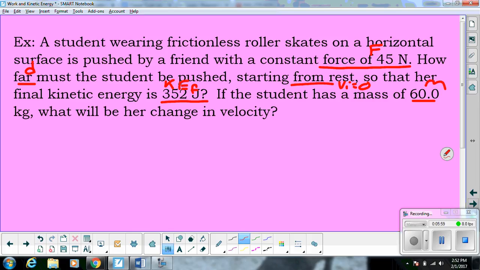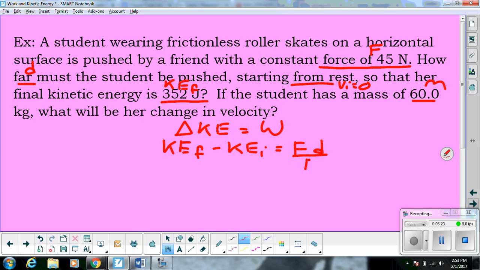The first part is going to ask for how far the student was pushed, and we're going to use the work-kinetic energy theorem. So I know this is going to be final kinetic energy minus initial kinetic energy equals force times distance. I can divide both sides by the force to isolate the distance. And I also know that the initial kinetic energy in the system has to be 0, because kinetic energy is 1/2 mv squared.